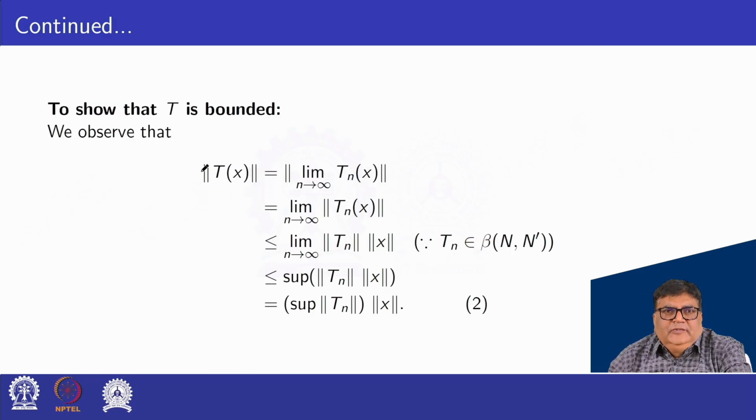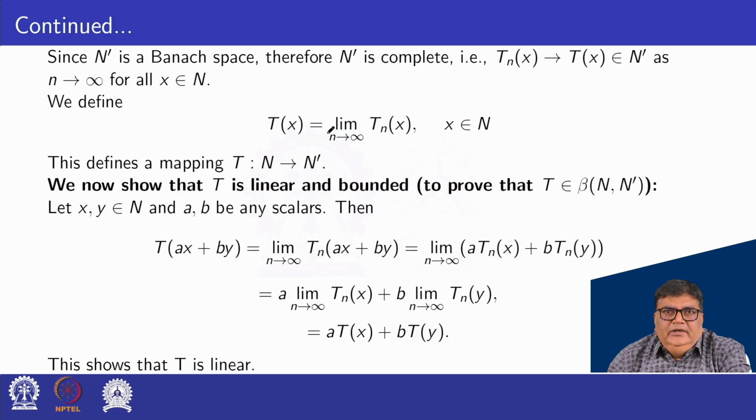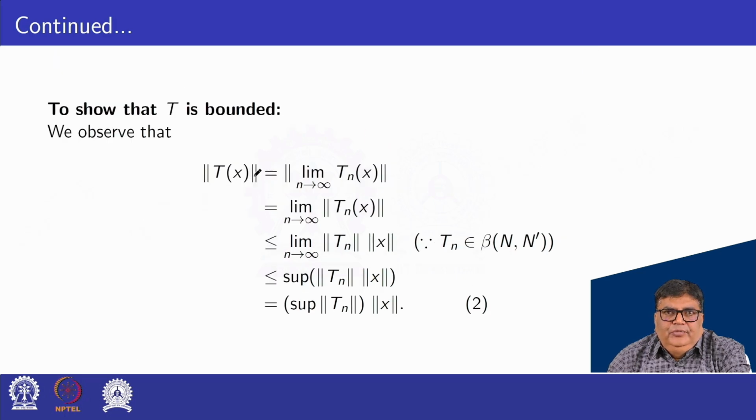Now we prove T is bounded. We observe that norm Tx equals norm of the limit as n tends to infinity of Tnx, because Tx is defined as the limit of Tnx. So here we put the value of Tx.